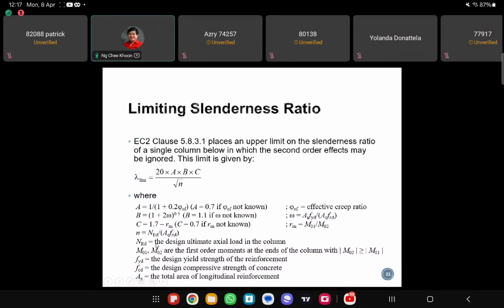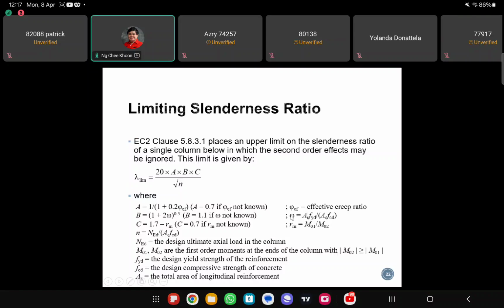Okay, and then NEd is the design ultimate axial load in the column. And fyd is the design yield strength of the reinforcement. fcd is the design compressive strength of the concrete, as I explained just now. As is the total area of longitudinal reinforcement.